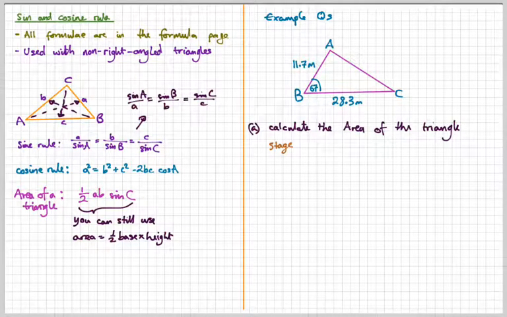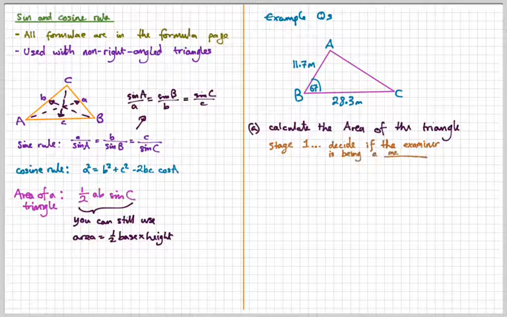Okay, so the first stage to doing questions like this is to decide if the examiner is being a meanie. Some expletive would also be appropriate. And in this question, they usually are. If you see the letters A, B, and C, they're usually being mean. The reason they're being mean is because the letters they've given you don't relate to the letters in the formulas from the previous part.